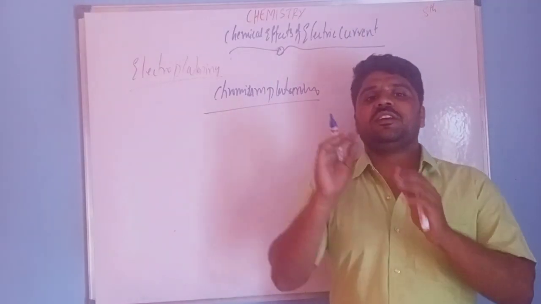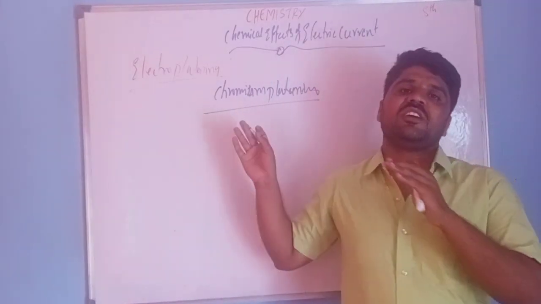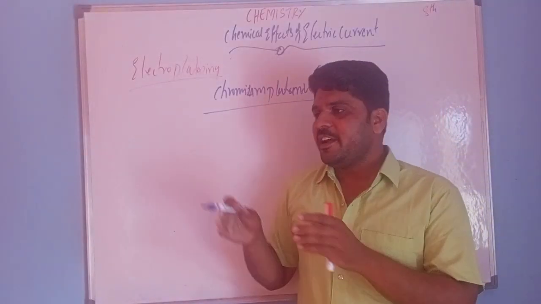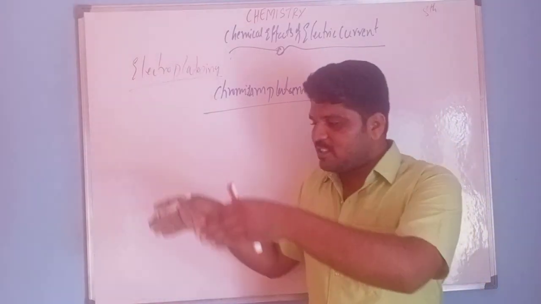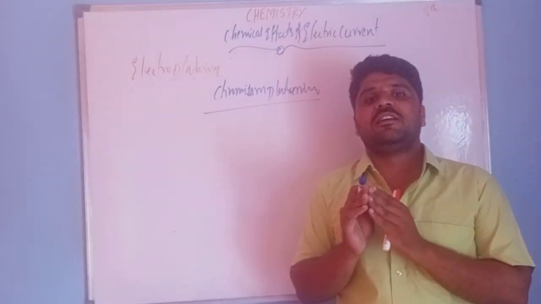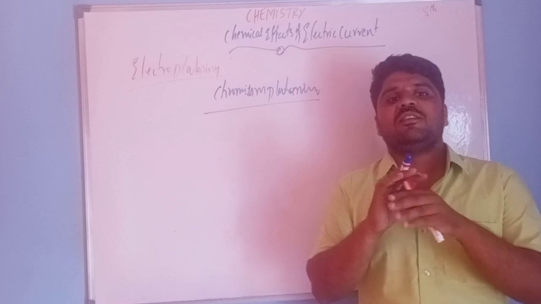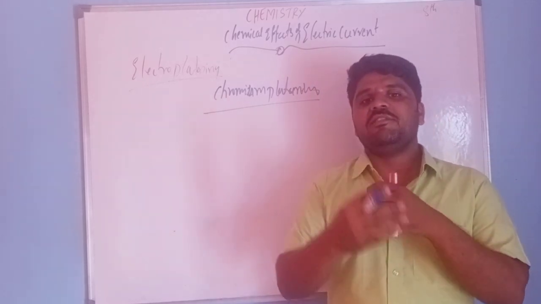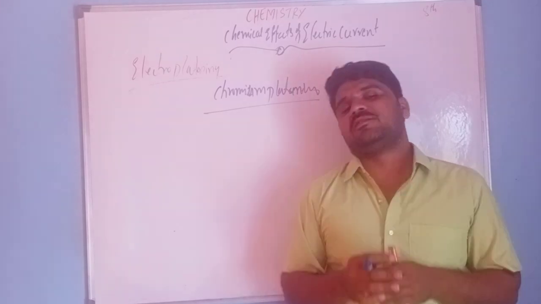So in different parts of cars we are using chromium plating, and bathtubs. In bathrooms, the bathtubs are made with chromium plating, and also kitchen gas burners, bicycle handles and wheels, rims and other parts.